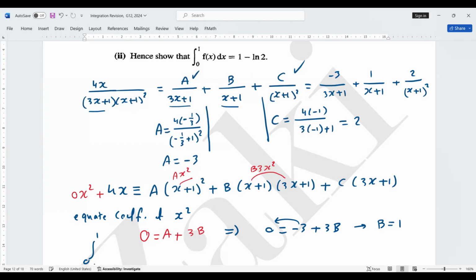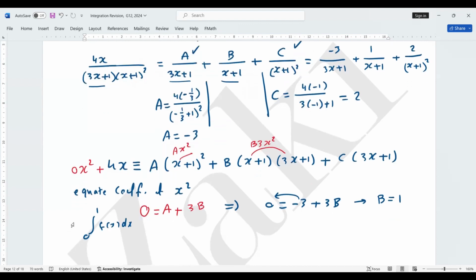So the integration of f of x dx, we integrate each one separately. Then this equals, we can take negative outside. So it's a negative integration from 0 to 1. Just 3, we take negative to be derivative of denominator, dx.